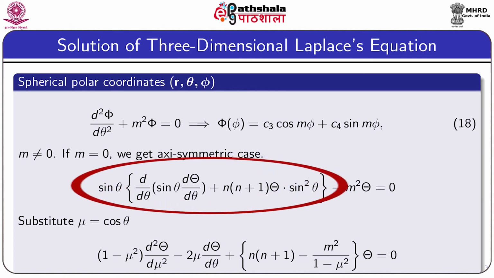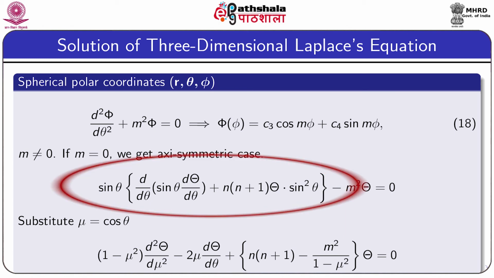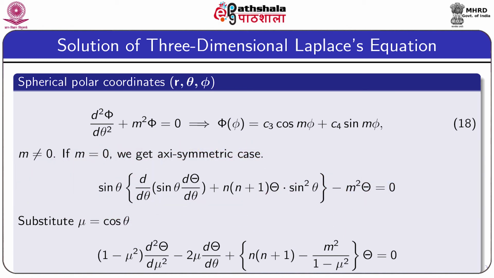Now, this is the equation for capital Theta, and in this equation we make a change in the independent variable through this relation mu is equal to cos theta. So, if you substitute this in this equation in terms of the independent variable mu, we obtain the equation which is written here. And if you see this equation, this is the Legendre equation, but there are some extra terms here, and we know that the solution of this equation is the associated Legendre function.